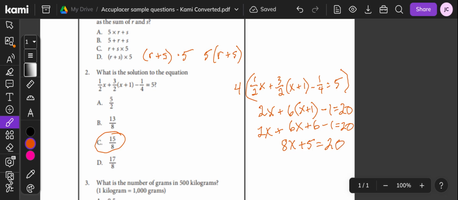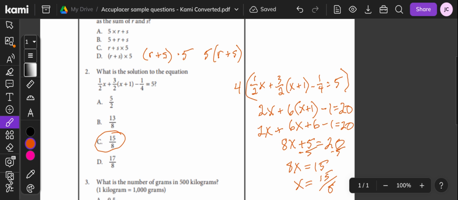Subtract 5, and I get 8x equals 15. And x equals 15 over 8, which is what we got. So that's just kind of the long way to go.